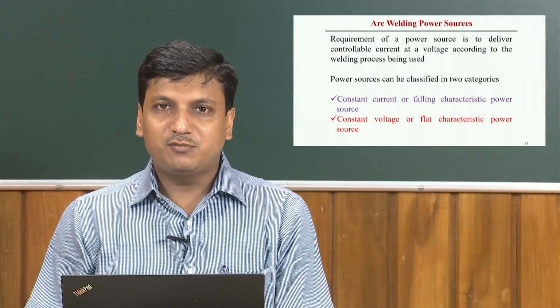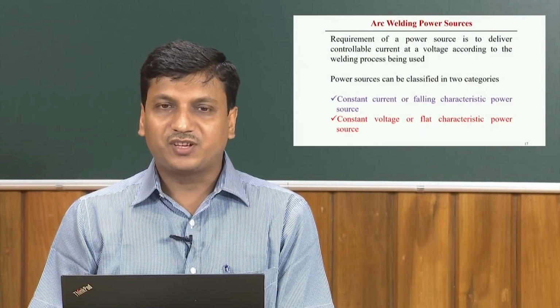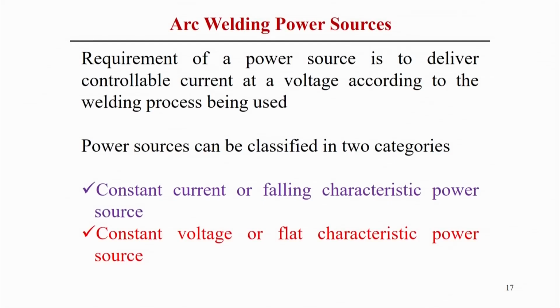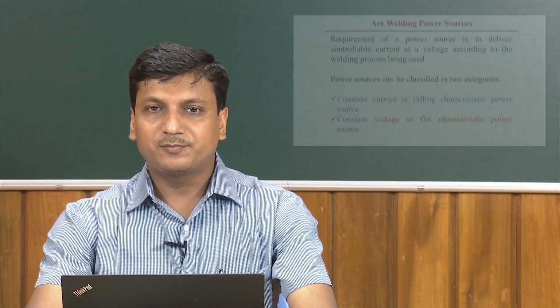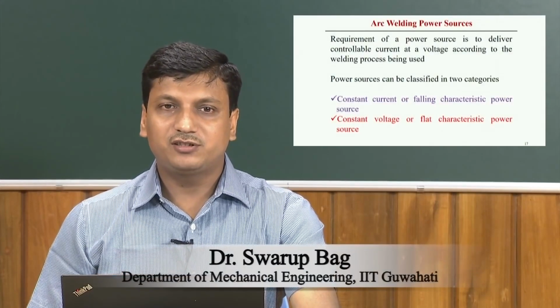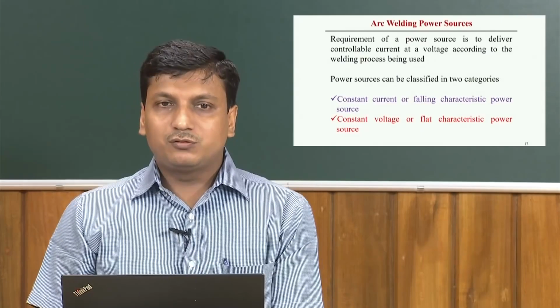Now, one of the important aspects of the arc welding process is how to decide or design the power sources for different welding processes. So, there is definitely a requirement of a power source to deliver controllable current and voltage according to the welding process used.